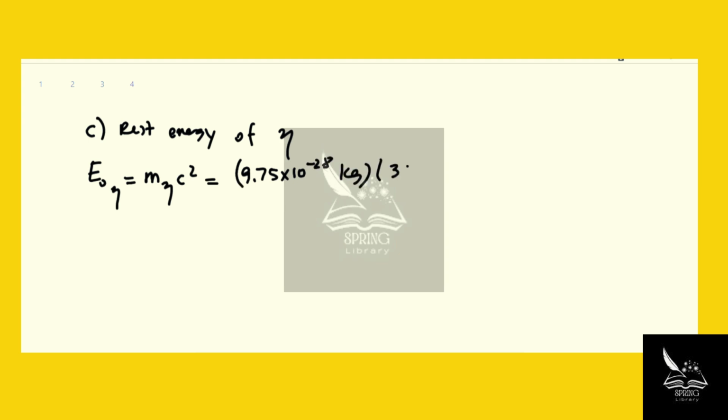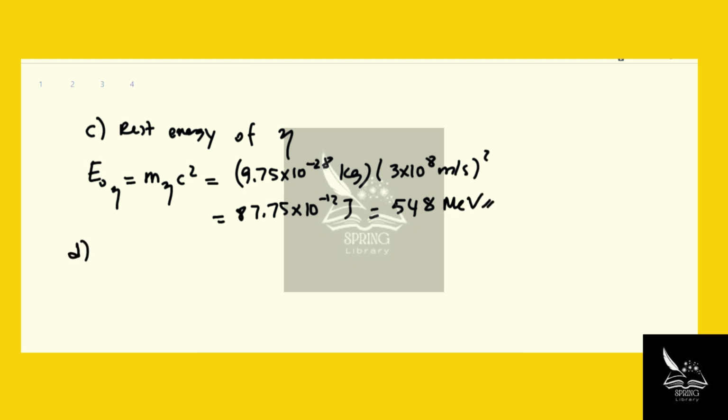And then we have the speed of light, 3 times 10 to the power 8 meters per second. Square of this is going to be equal to 87.75 times 10 to the power negative 12 joules. Again, if we do the conversion to mega electron volts, you're going to find that it is 548 mega electron volts.